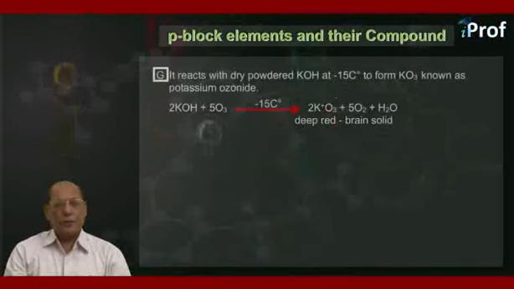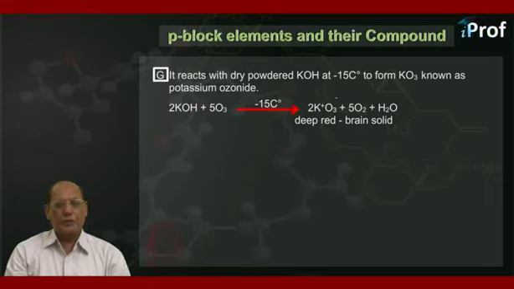G. It reacts with dry powdered KOH at −15 degrees Celsius to form KO3, which is known as potassium ozonide. So the reaction is 2KOH + 5O3 at −15 degrees Celsius giving 2KO3, in which K is + and O3 is −, a deep red brown solid, + 5O2 + H2O.